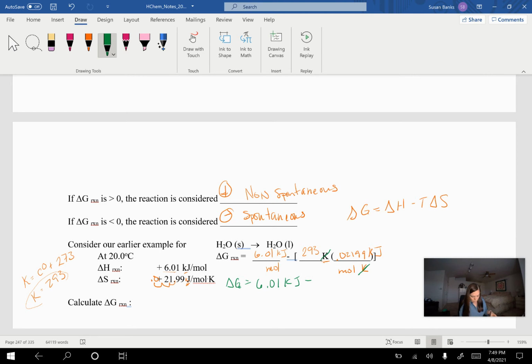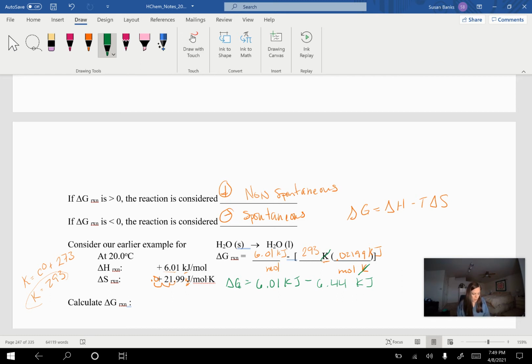0.293 times 0.02199 gives me 6.44 kilojoules with our sig figs.